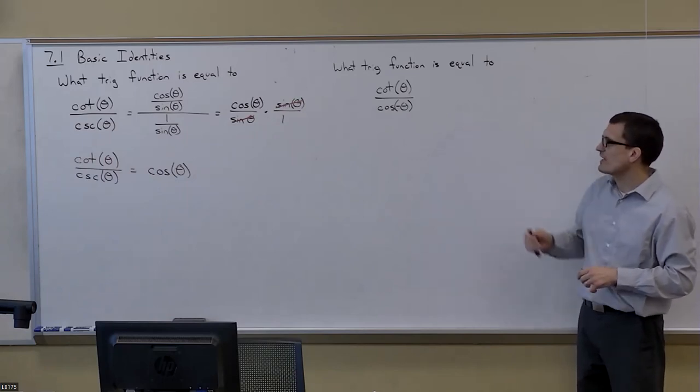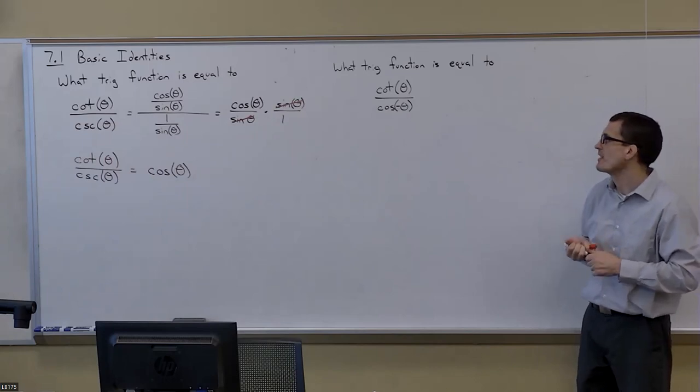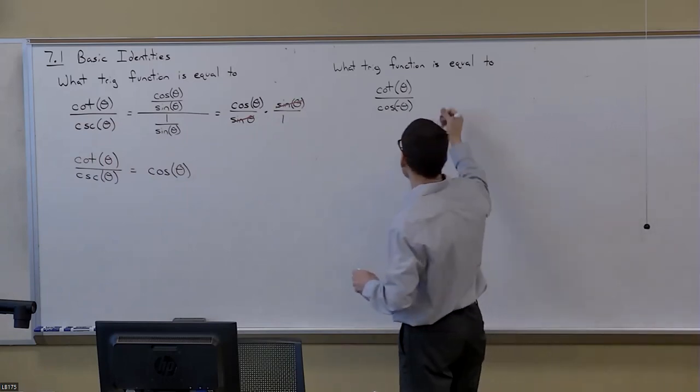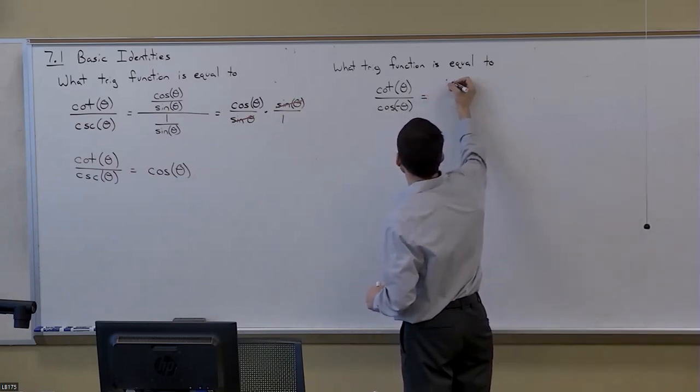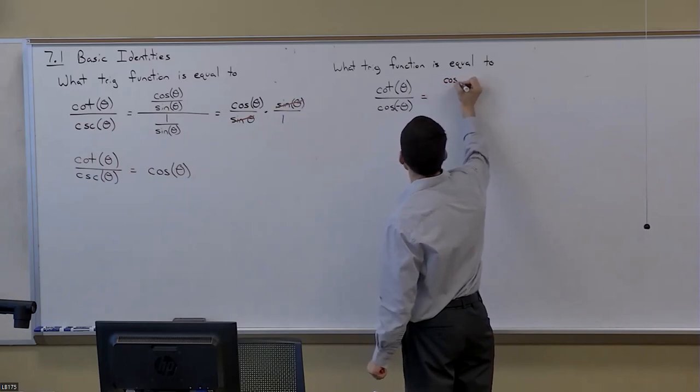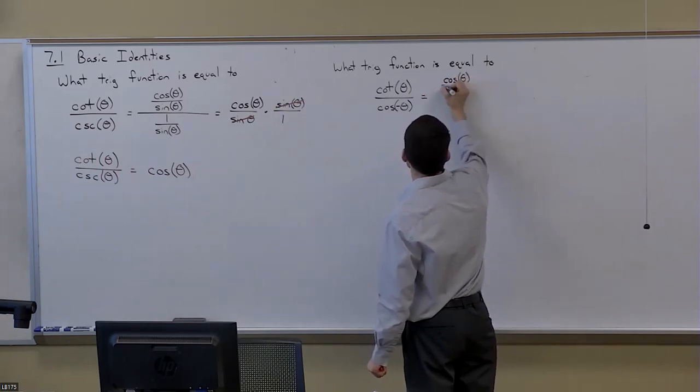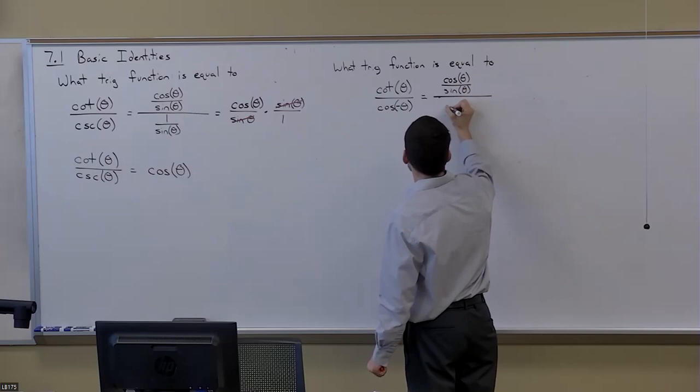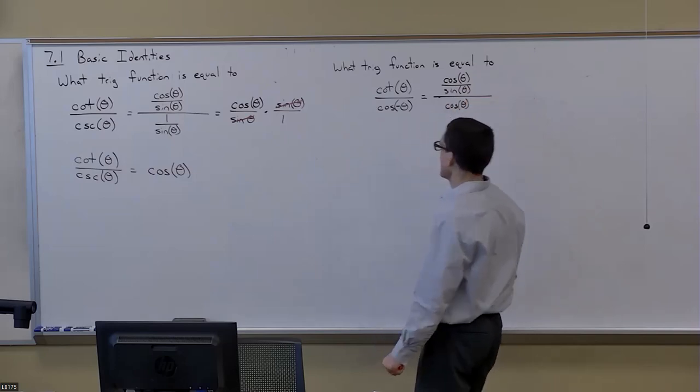All right, let's check out this one. Cotangent over cosine. So I'm going to write cotangent as cosine over sine, and then I'm going to divide by cosine.